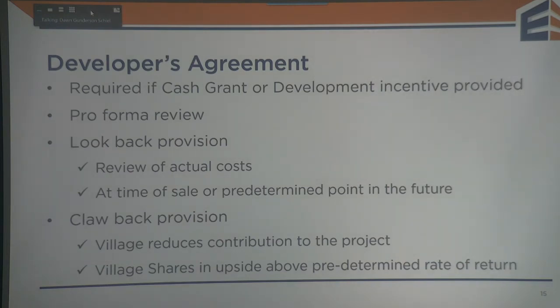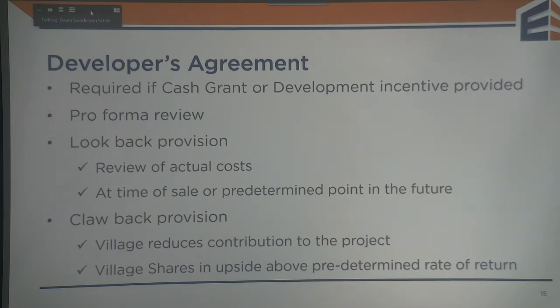So that's, as Jonathan mentioned, the analysis of with and without assistance. What's that rate of return to the developer? We can assist in determining what should be appropriate, and if the level of assistance that they've requested is necessary or is too much. I think one question is always, how much do we provide?